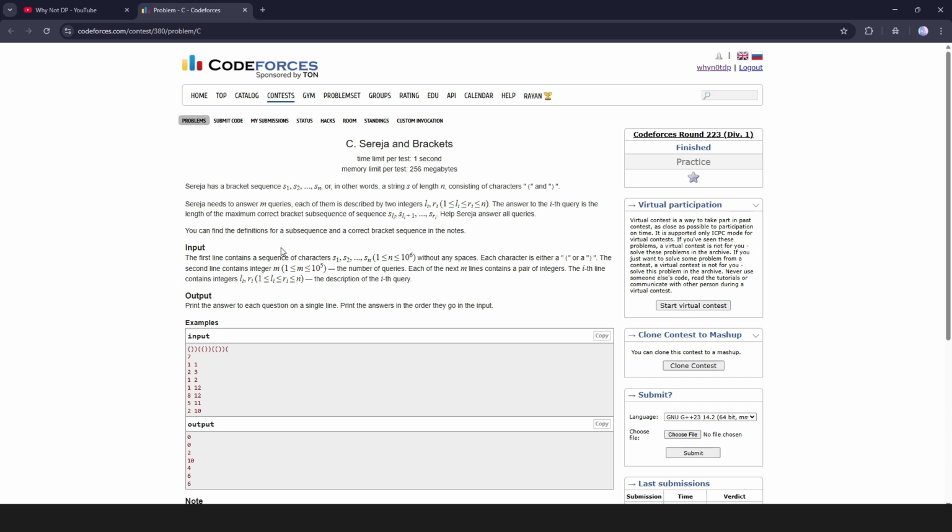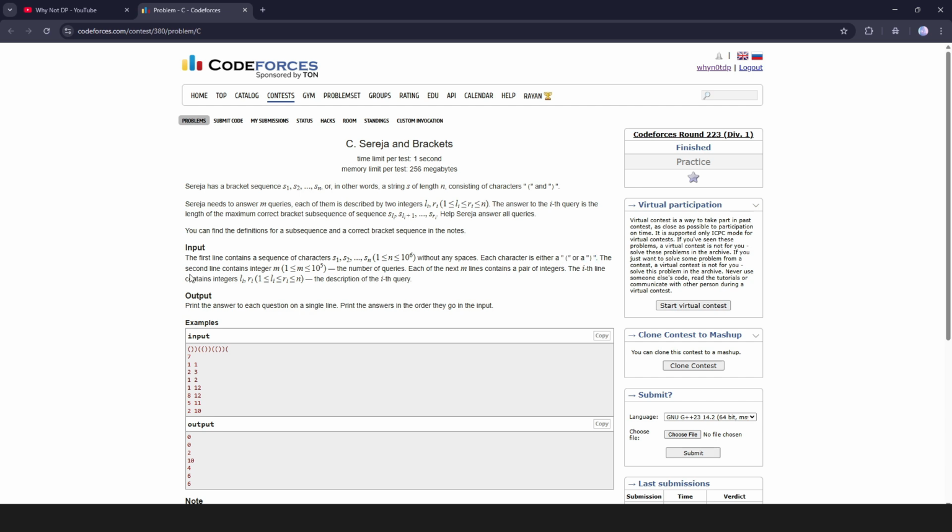You can find the definition for a subsequence and a correct bracket sequence in the notes. The first line contains a sequence of characters, that is the given string, and the length of the string can go up to 1e6, and each character is either an opening bracket or a closing bracket, as I told you before.